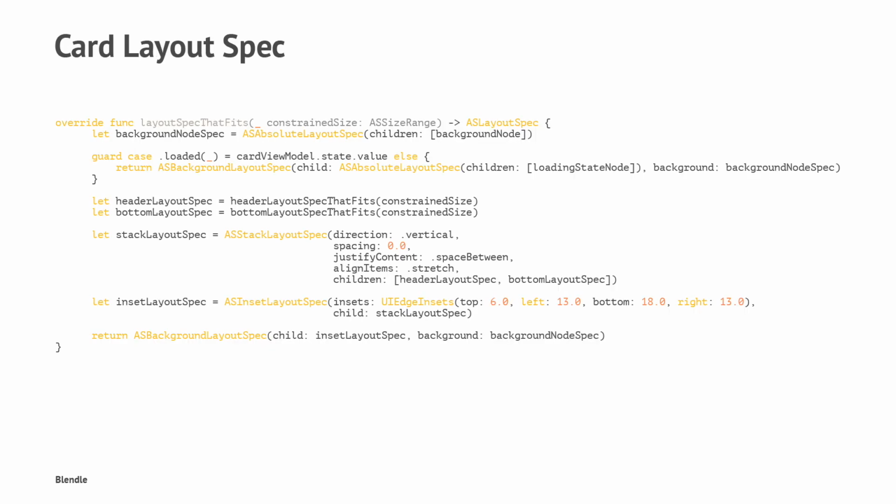So what we do, this is the layout spec for that card. I won't go through all of it, but what's most important is that when the app opens, we fetch all the data, and we initially know that there's a card, but we don't have the data for that card yet. So we create a card without an article, and at that point it's in the state that it's loading.